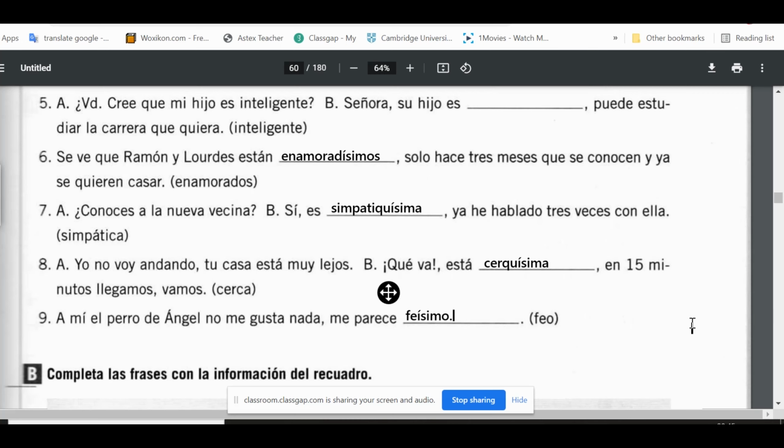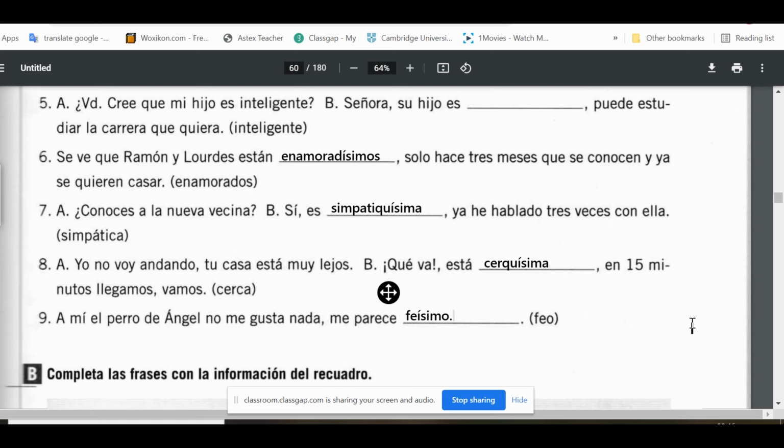Okay? Gordísimo. How do you say thin? Delgado, right? Delgado, okay. So delgadísimo. Okay, how do you say New York is really expensive?